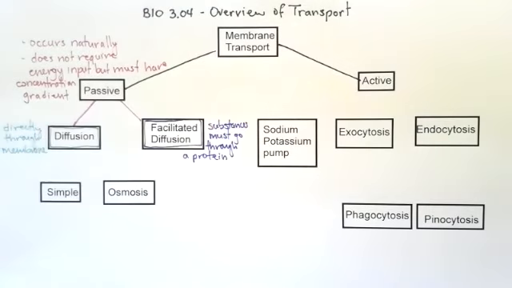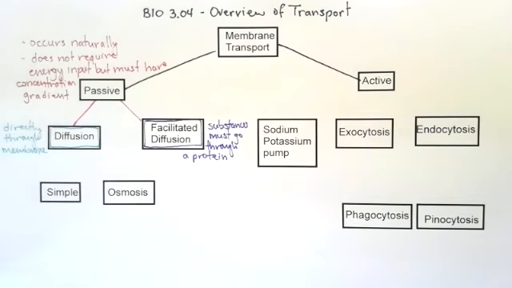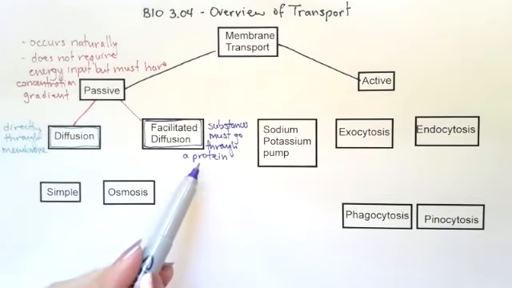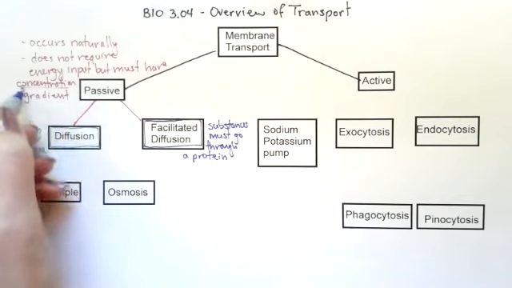Do you remember that protein channel we saw? That's an example of facilitated diffusion. So this is going directly across the membrane, out to in, but this is going through a protein. But they're both passive. Even though you're going through a protein, it still depends on concentration gradient.